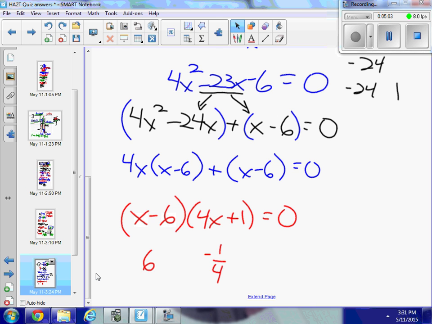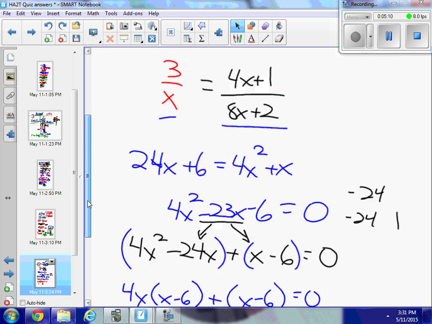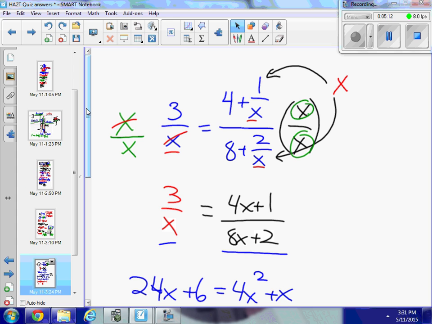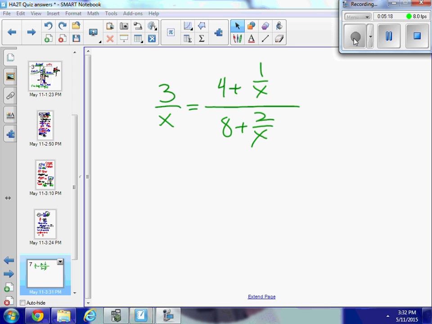But I've got to be careful and check my answer. There are a couple of ways that I could have checked this. One way was in the beginning of the problem to look and see what the domain of this problem is. This is the original problem, and I can see right away that x cannot be equal to 0. If it's equal to 0, I'm going to have a 0 in the denominator here, here, and here. So that won't work.